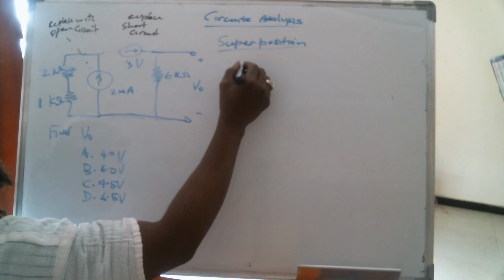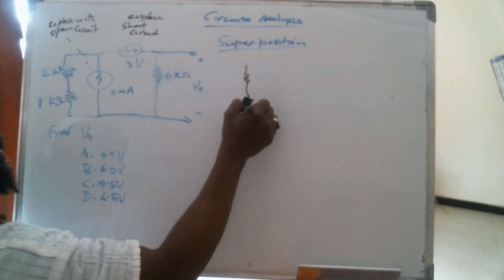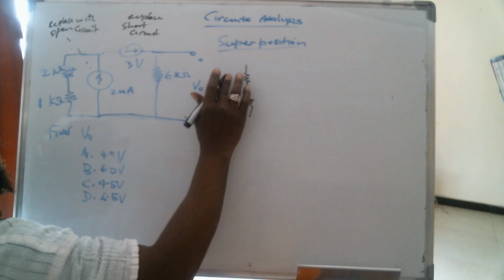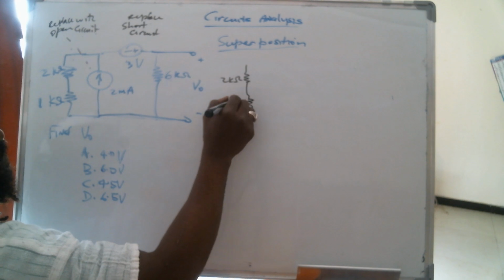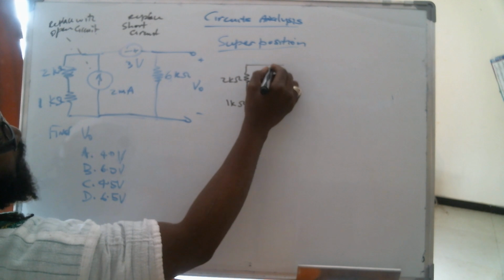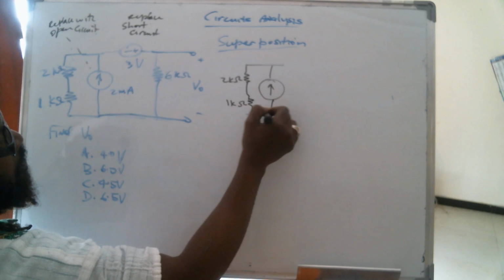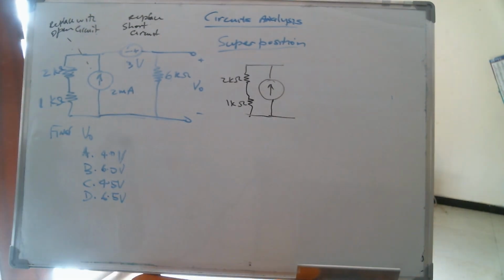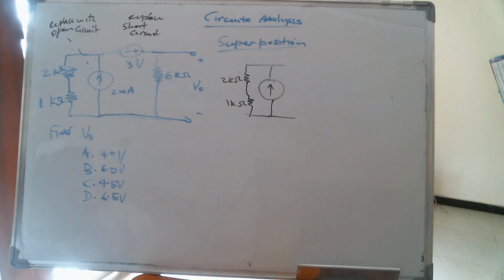If we turn off the voltage source, what we have is a 2K ohm resistor and a 1K ohm resistor here. Then we have a current source. Remember, replace the voltage source with a short circuit.